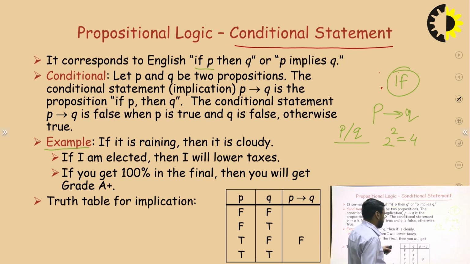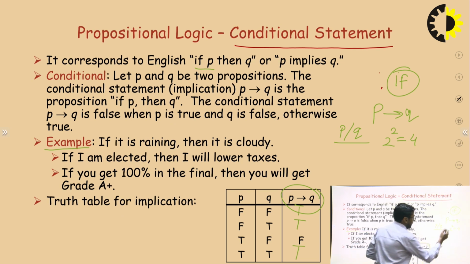But in the case of P implication Q, only one specific value gives false. That means if predicate P is true and Q is false, then for P implication Q we find the conclusion false, otherwise in all the cases we find the value true.